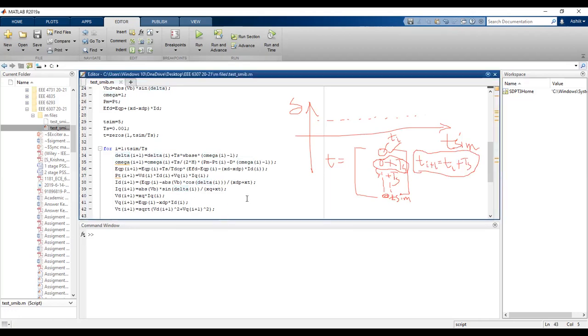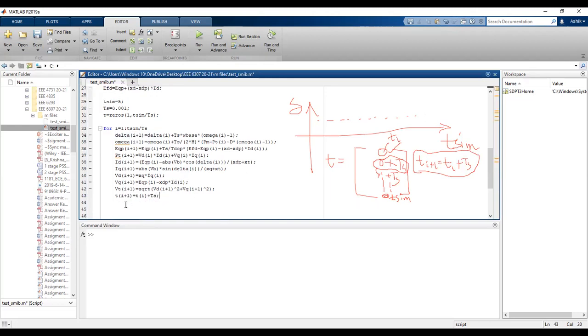So let's include it here in the code: T(I+1) equals TI plus TS. So that will give us the time vector updating. We have already updated the other variables. Now, what is our target?